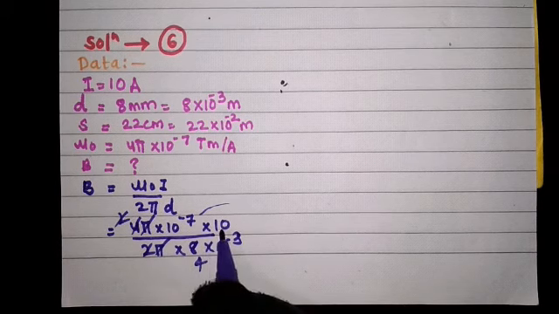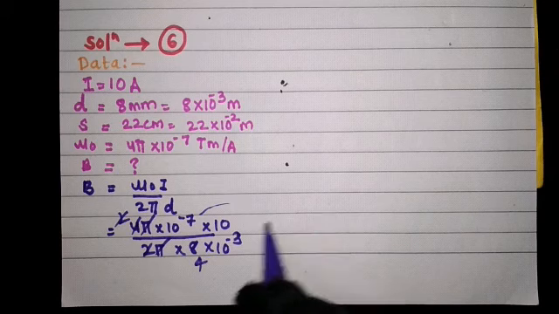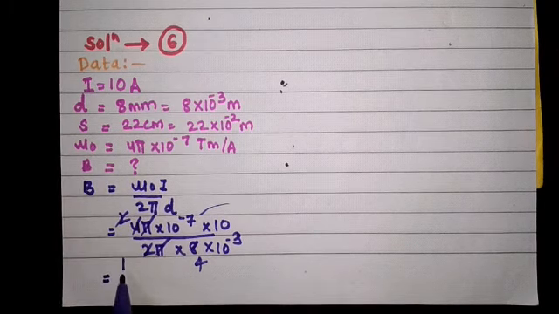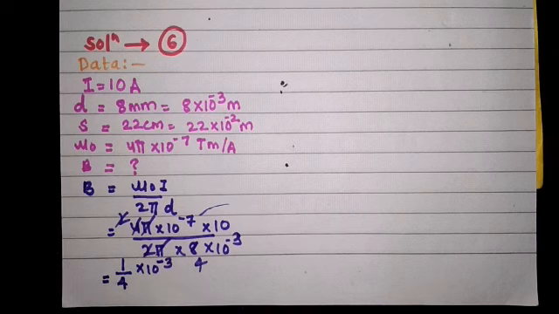Into 10, that is nothing but 10 raised to 1, so 10 raised to minus 4 into 10 raised to 1, then again it will be 10 raised to minus 3. So finally we have 1 upon 4 into 10 raised to minus 3.